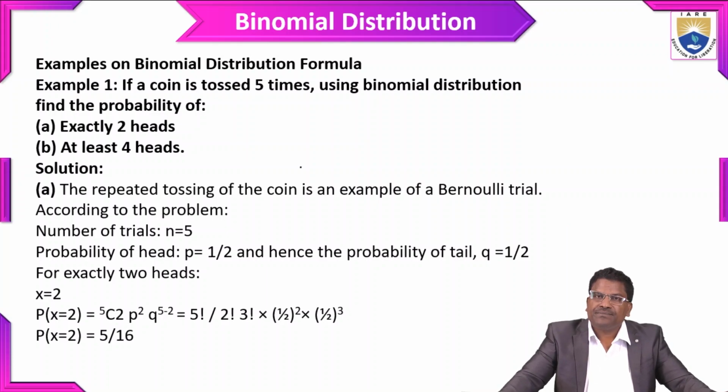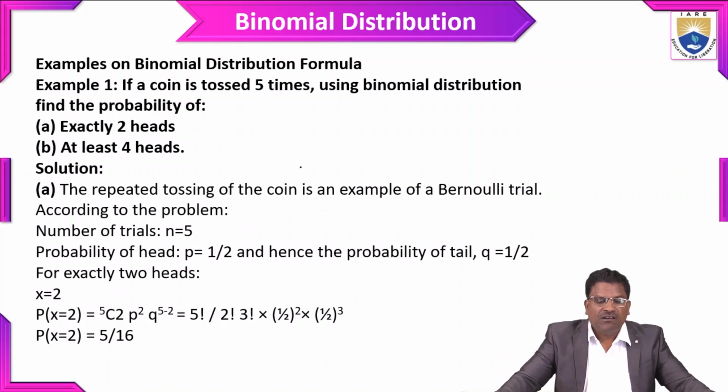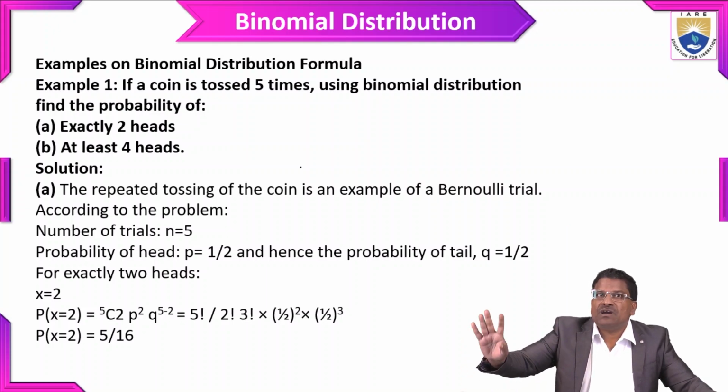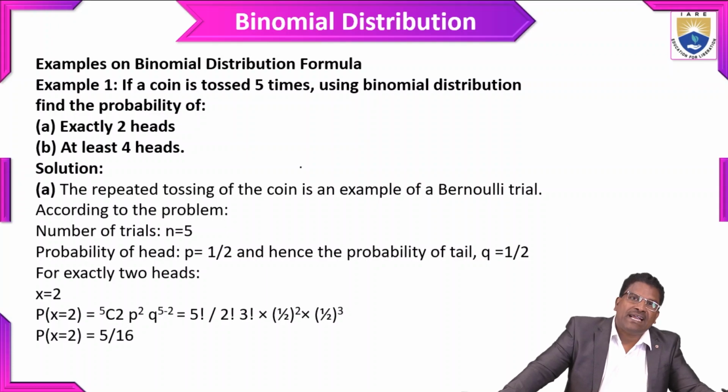If a coin is tossed 5 times, using binomial distribution, find the probability of exactly 2 heads. And that means x is equal to 2. Means you have to find P of x is equal to 2. Next question, what are they asking? At least 4 heads.